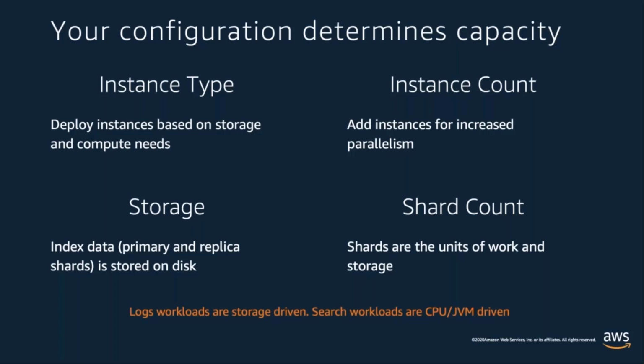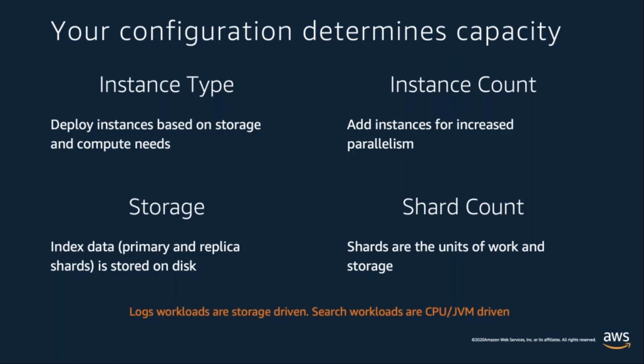The storage available is a baseline: when you're indexing all of this data, it gets stored in the cluster as indexes, so you have to provide enough storage to store your indexes. And then last is the shard count. You adjust your shard count to align with your instance count and your instance type so that you don't overwhelm that instance with work.